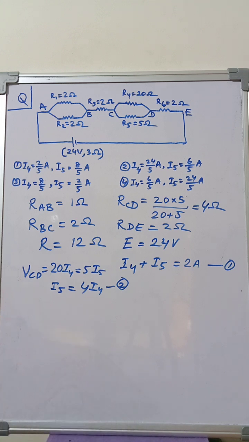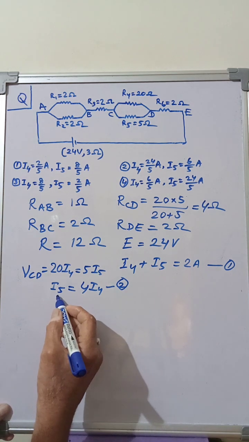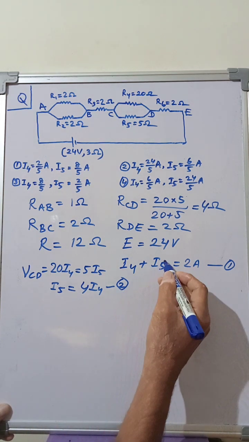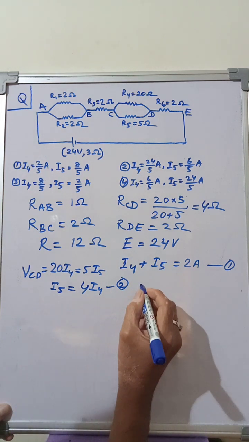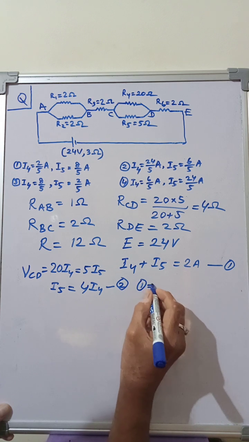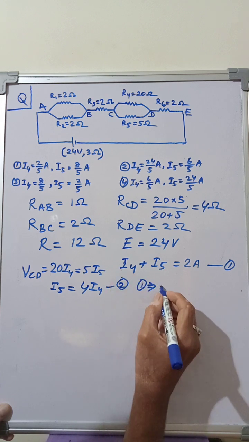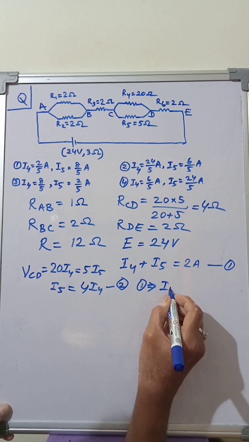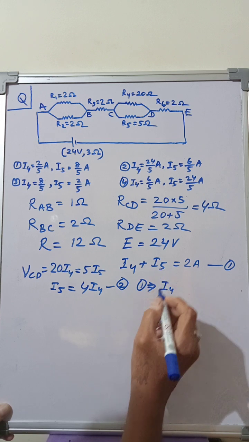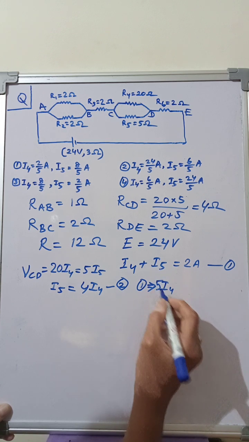From this we can solve. Putting the value of I5 from equation 2 in equation 1, we get I4 plus 4 I4, that is 5 I4.